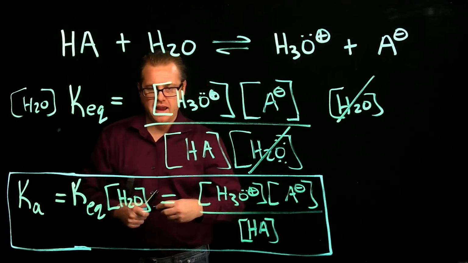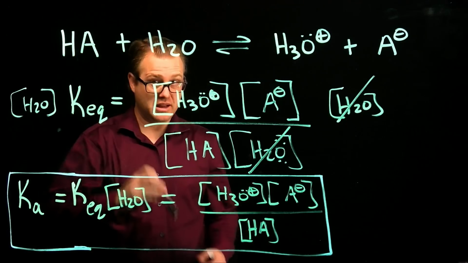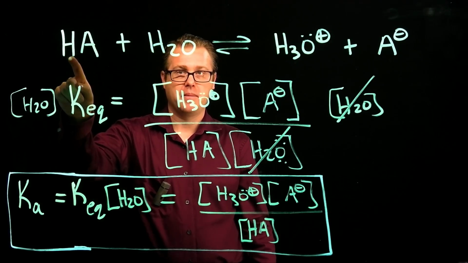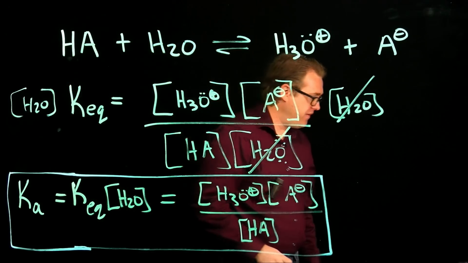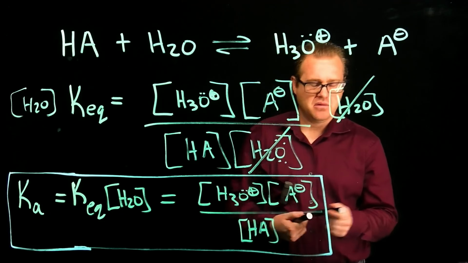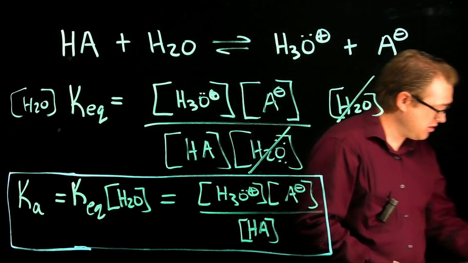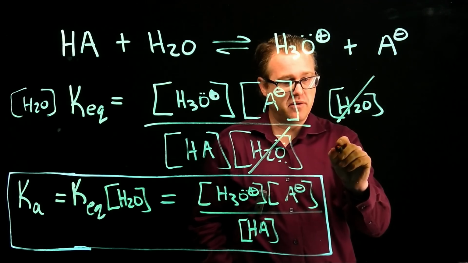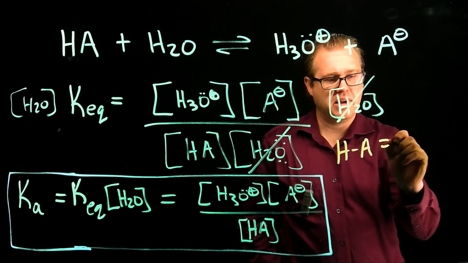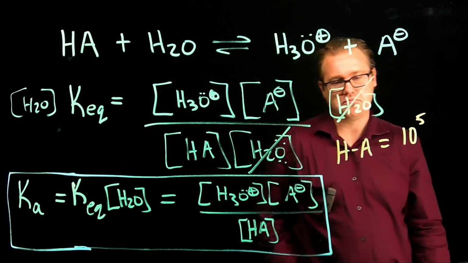So the whole purpose of the Ka value is to show us how readily and easily this proton is donated. So if we have a very, very large number, okay? Let's just do a general example here. What if we had an acid in orange and its Ka is 10 to the 5.